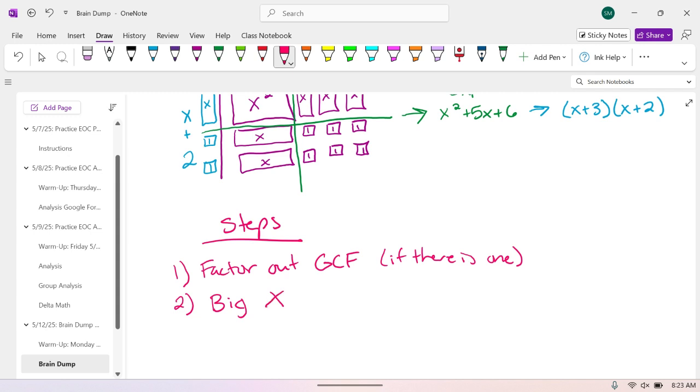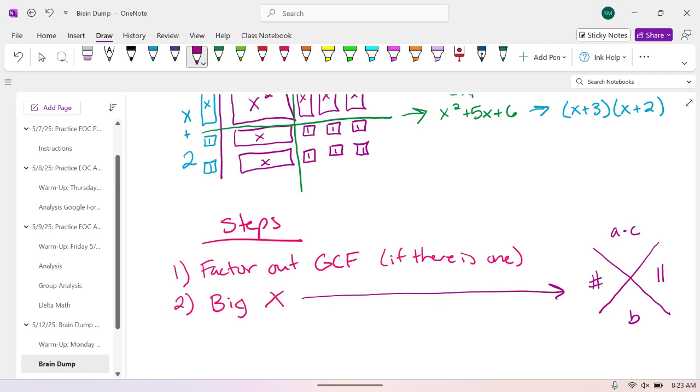Do the big X, which if we draw it, you need to have A times C on top, B on the bottom, and you need two numbers that multiply to give you A times C, add to give you B. So they need to multiply together and then add together to give us these.